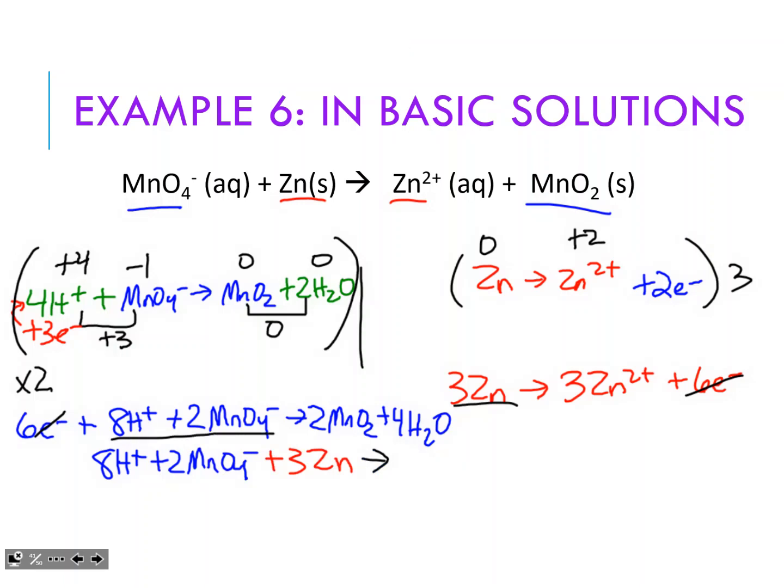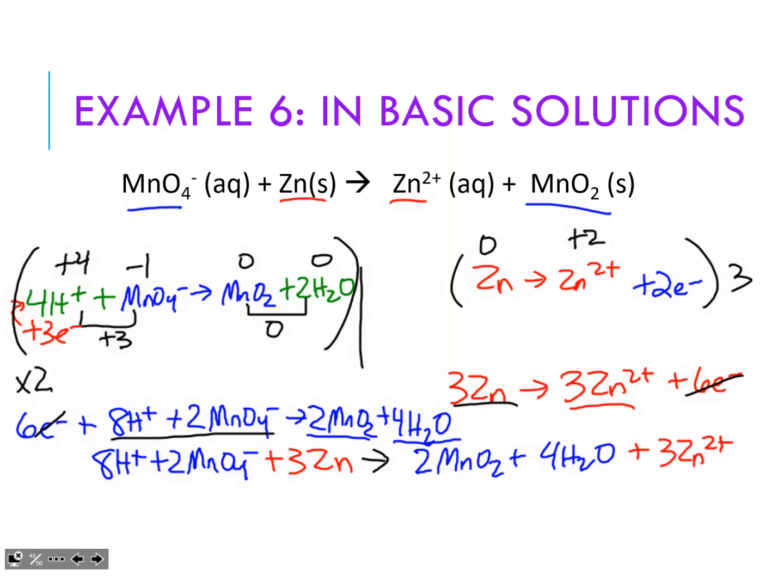Over here, we have 2 MnO2, 4 waters, and our 3 zinc ions. Now, if this was an acidic solution, this is pretty much where we'd stop. But it's not an acidic solution, so we have to do the last step, where we add in the hydroxides.